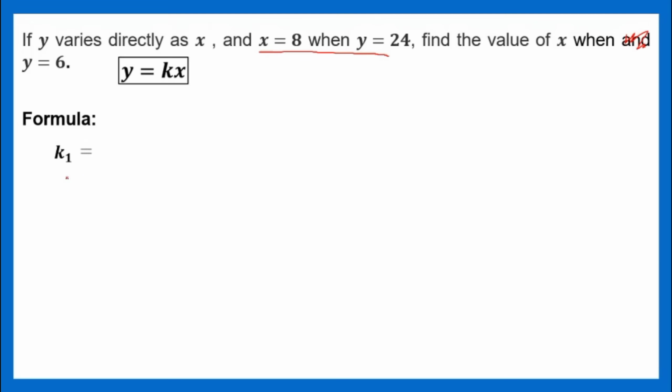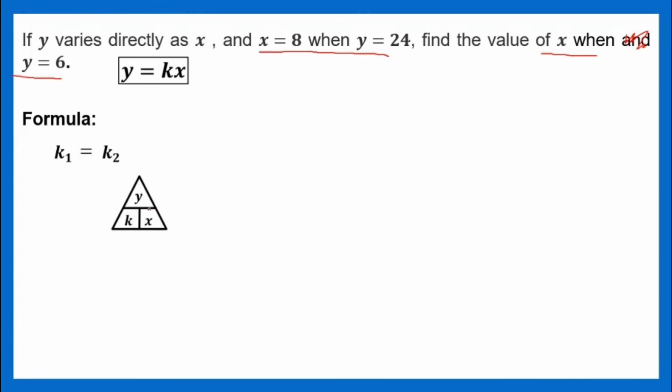Yung unang constant of variation na galing dito, tapos yung constant of variation na galing din dito ay pareho. So, pwede siyang equal. This is a correct statement: k sub 1 is equal to k sub 2. Itong explanation ko dito ay para lang ma-explain ko yung pinaka-formula na makukuha natin. Pero sa dulo, I'll show you kung ano yung formula na gagamitin natin. You may just memorize that para makuha ninyo yung sagot ng mas mabilis.